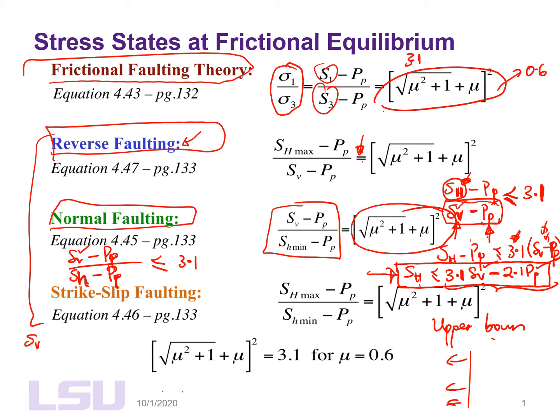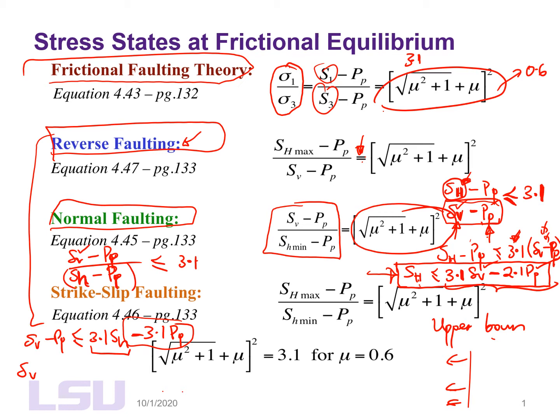So you have SV minus pore pressure is less than or equal to 3.1 times SH. You're multiplying 3.1 by this, and it's going to be minus 3.1 times pore pressure, right? You're trying to make this the subject of the equation, so take this to the left side. It becomes SV plus 3.1 pore pressure minus pore pressure.